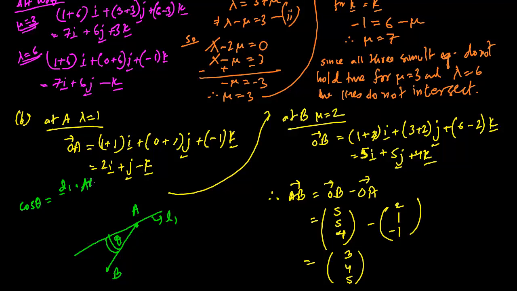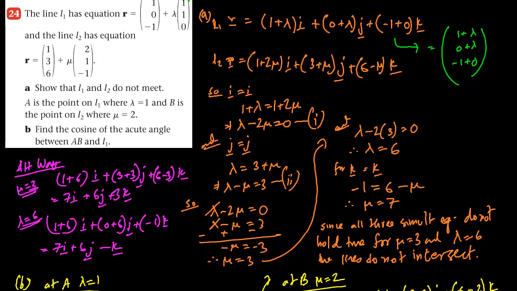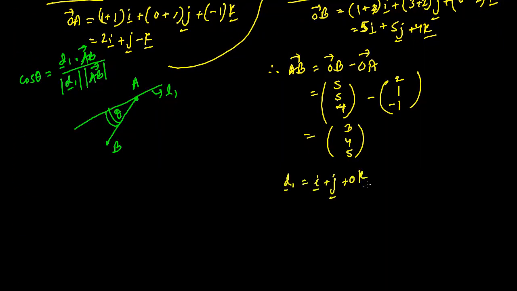AB itself is the direction vector, divided by modulus of the direction vectors. That's it. So now let's check what's the direction vector of L1. So it's right over here. This is the direction vector of L1. This is 1 1 0, meaning i plus j plus 0k. That's the direction vector of L1.